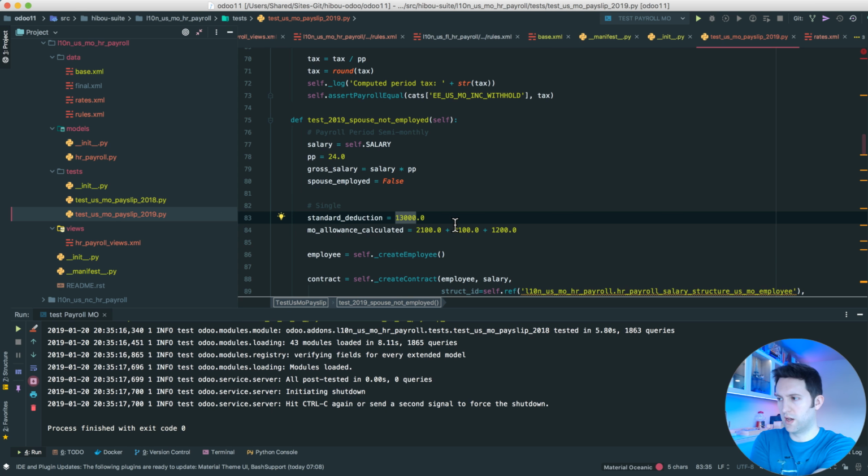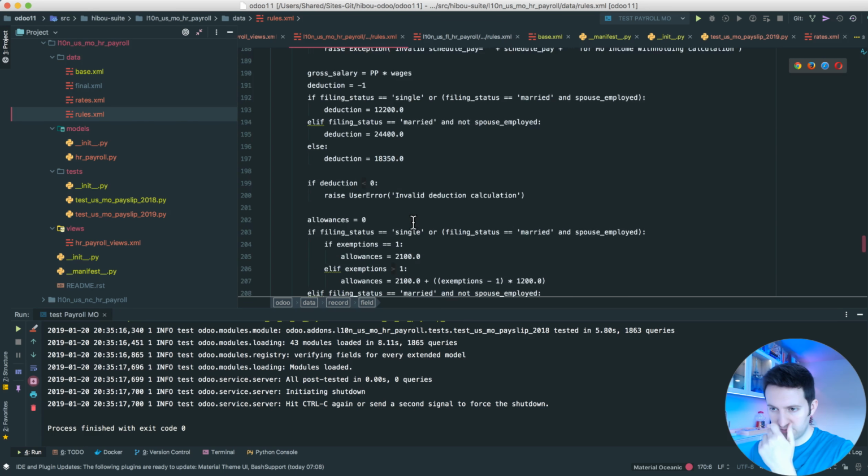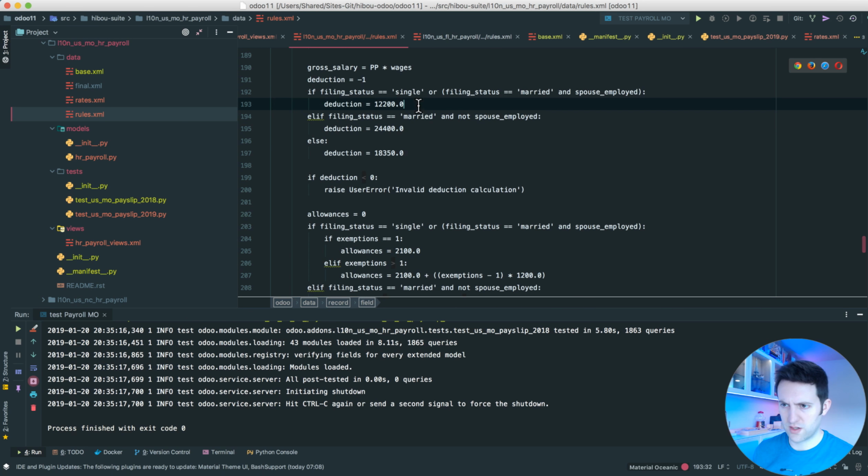24,400 divided by 2. So I guess this is 12,200. So we need to... do we divide those by 2? I don't understand. They were already potentially divided by 2. Yeah, so I guess we just need to divide all these by 2.